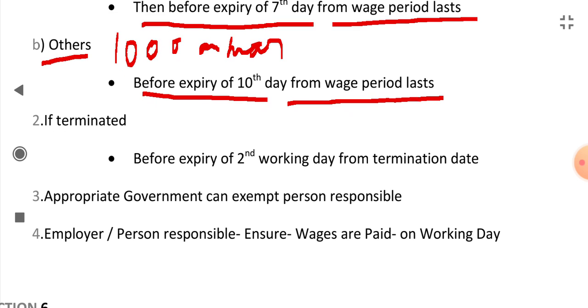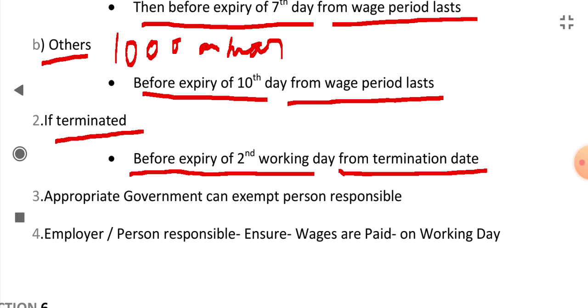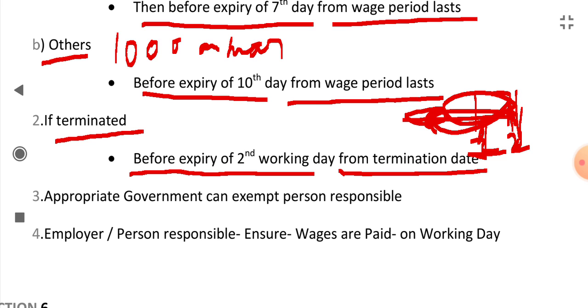If someone is terminated from the services, the payment of wages should be done before expiry of the second working day from the termination day. Suppose someone is terminated on this day; first day, second day, before the expiry of this second day, the payment should be done.